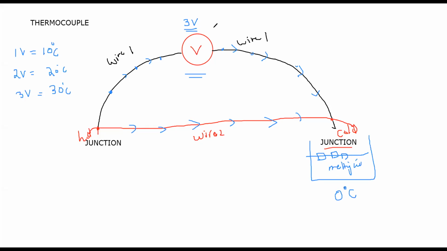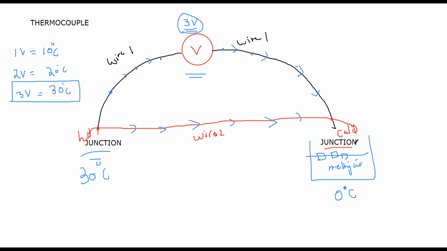And this voltmeter records 3 volts. So 3 volts means that the temperature difference is 30 degrees. So if the cold junction is in melting ice, which is 0, what is the temperature of the hot junction? The temperature of the hot junction is 30 degrees. So this is how a thermocouple works.